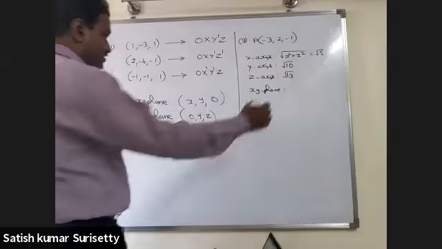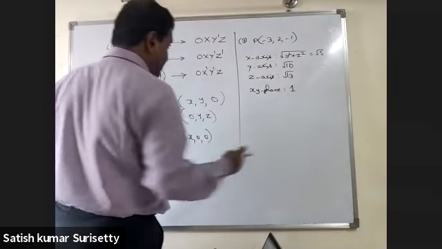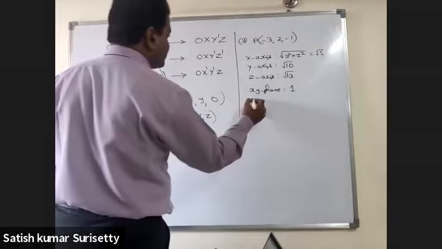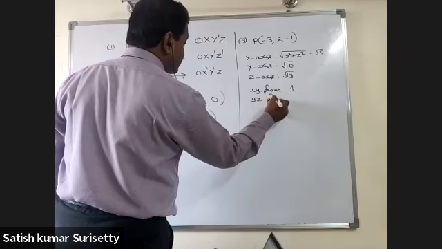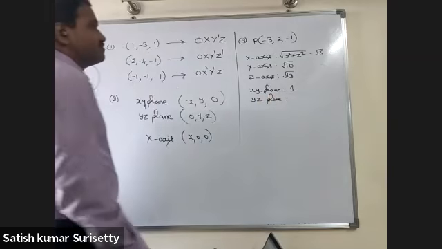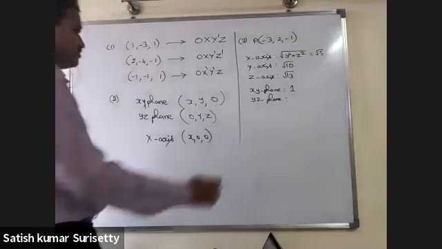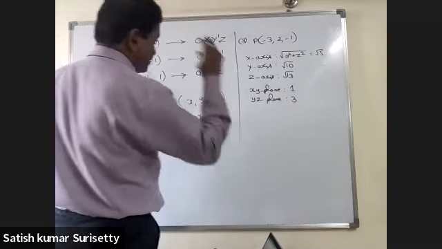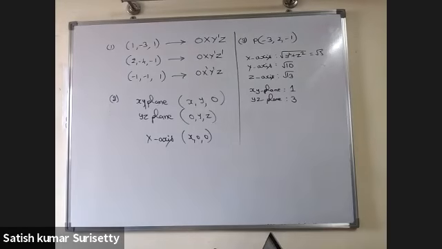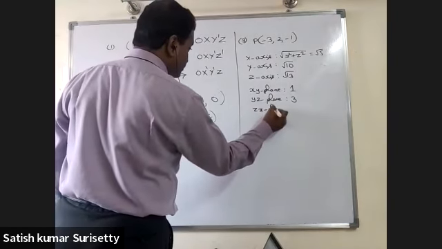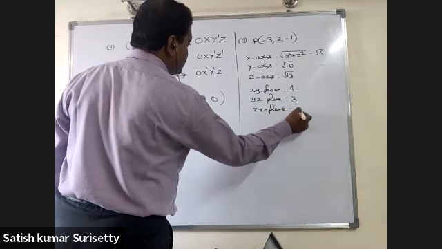Correct. You should not write -1 because it is a distance. On the YZ plane, what is that? 3. Basically, the modulus of the x coordinate. ZX plane: 2.